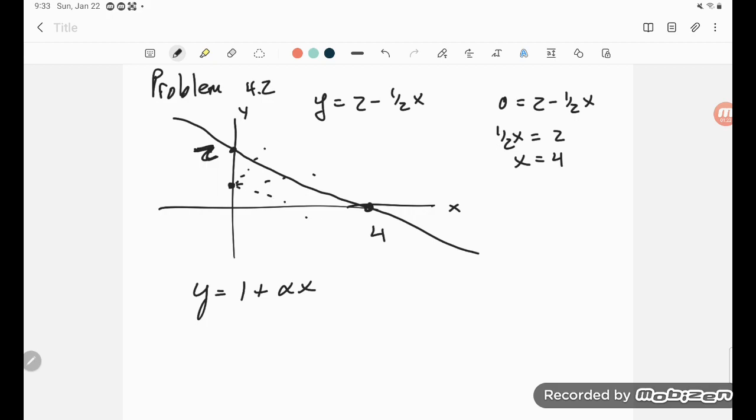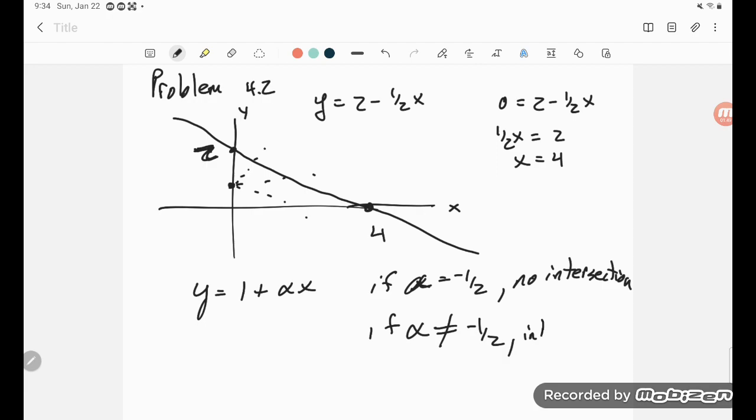Now, what I know is these will never intersect, so if alpha equals negative 1/2, there's no intersection. Okay, because they're parallel. But in every other case, if alpha is not equal to negative 1/2, then there is an intersection.